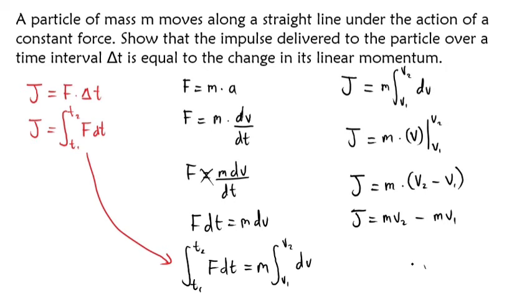Now, mass times velocity is momentum. So this is momentum 2, and this here is momentum 1. And this clearly shows the change in momentum. So I can now write this as the change in momentum.